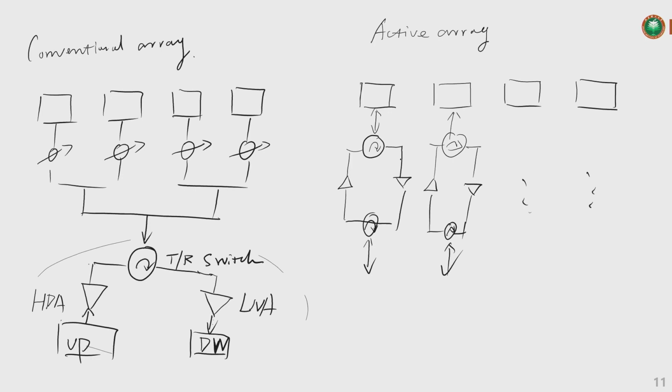At the receiver side is the low noise amplifier, and the transmitter side is the power amplifier, and at the end of it we have these connected to a phase shifter.